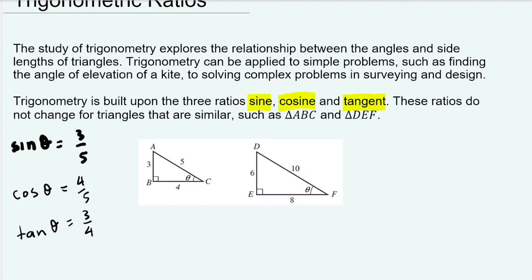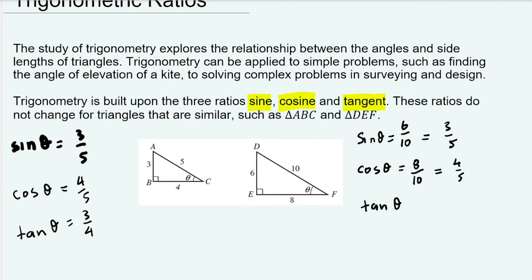Now if we go to that bigger triangle, let's have a look at sine theta. Well, that's going to be 6/10. And when it simplifies down, lo and behold, 3/5. Same with cos theta, it's going to be 8/10, and that's going to come out as 4/5.